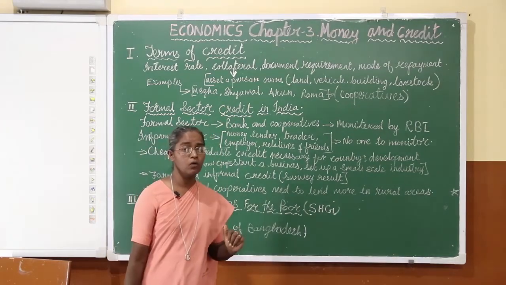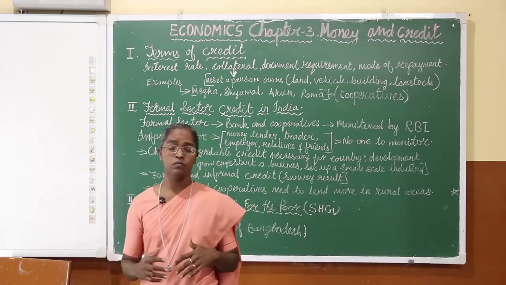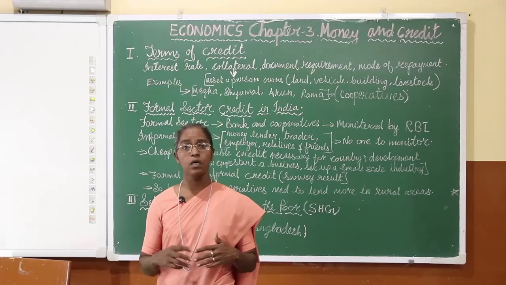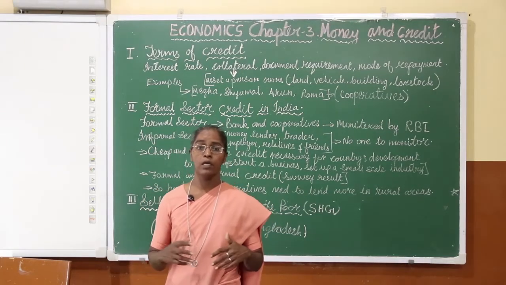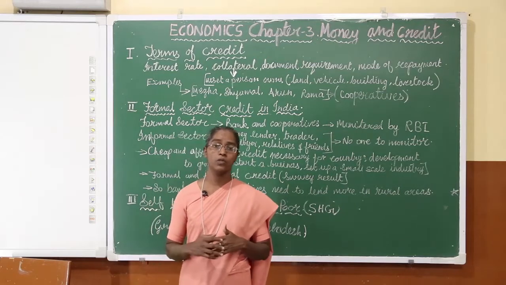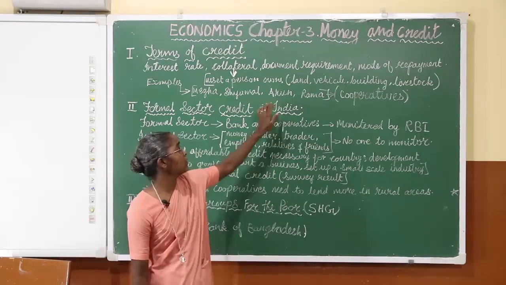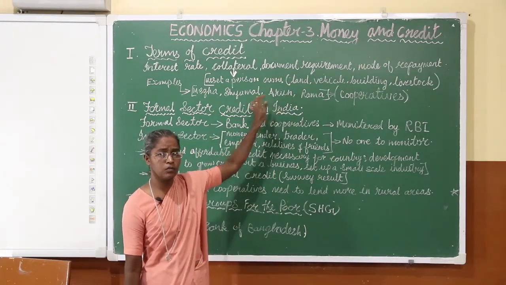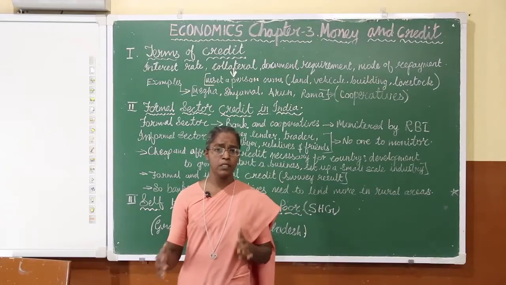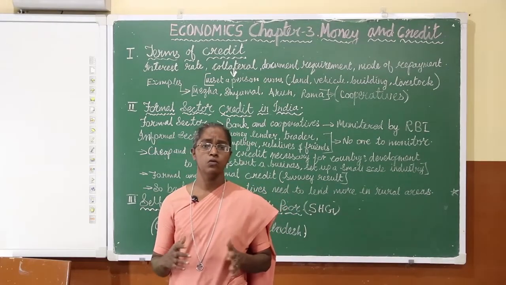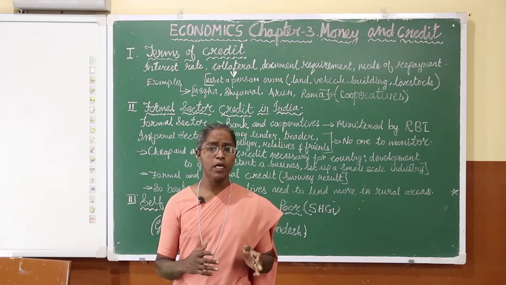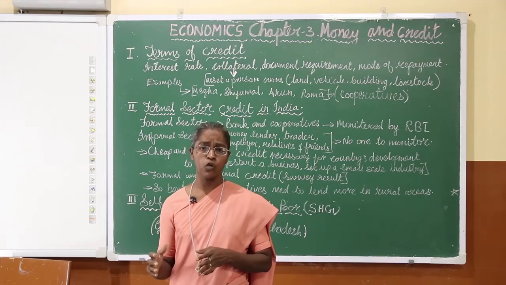Next one is Arun. He is also another farmer who supervises the farm, and he has 7 acres of land. Now from where does he take credit? He takes credit from the bank, and he uses this credit and gets a very good produce.